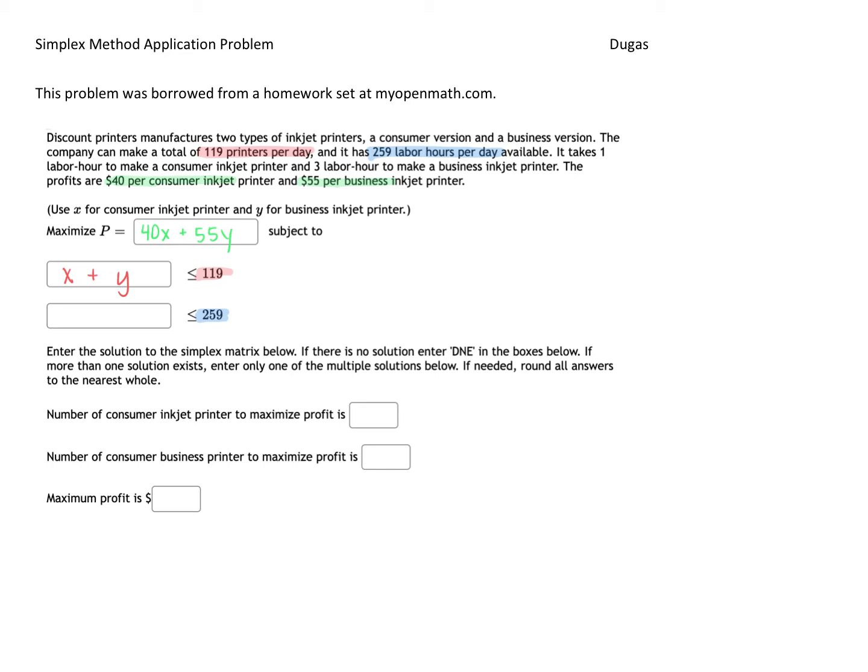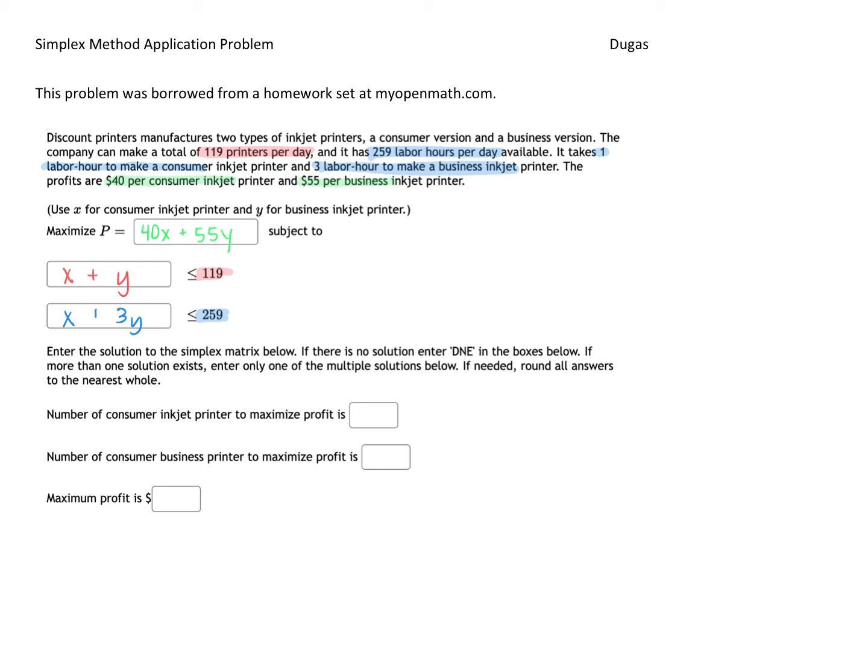And then the labor hours is similar. For the labor hours, they give us some information. It takes 1 labor hour per consumer inkjet printer and 3 labor hours for a business inkjet printer. So for X, it's 1 labor hour, and for Y, it's 3 labor hours.